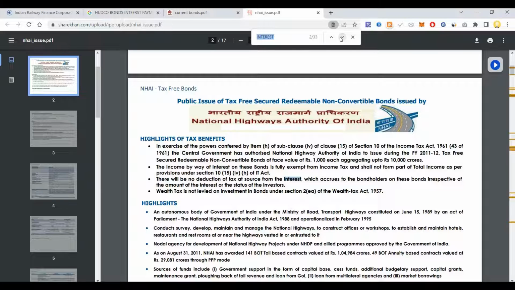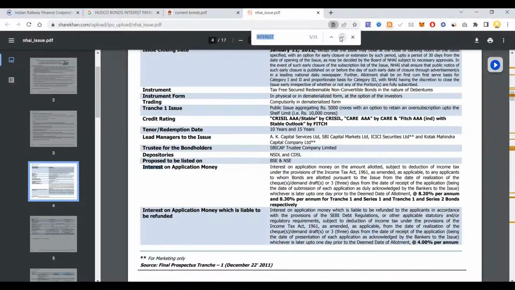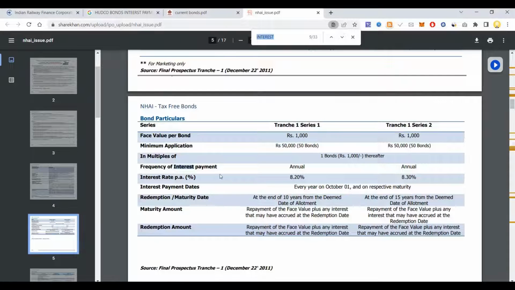If you search the document, you can see the frequency of interest payment, every year on October 1st and on the respective maturity interest payment date. That is how they pay out the interest. A few days before that you need to have the bond in your demat account. That way you can find out the exact dates and use them for making money from these bonds.